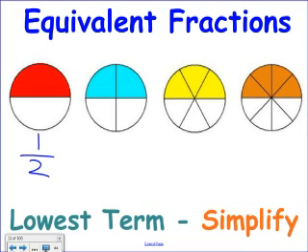Right. The next week, my wife gets to the pizza before me and she cuts it into 4 and says, you're on a diet, right? I'm going to cut it into 4 and you're going to eat less. So she's cut it into 4 and I have 2 of those pieces. Have I eaten more or less that week? Same. So you can all see that a half is identical to 2 over 4.